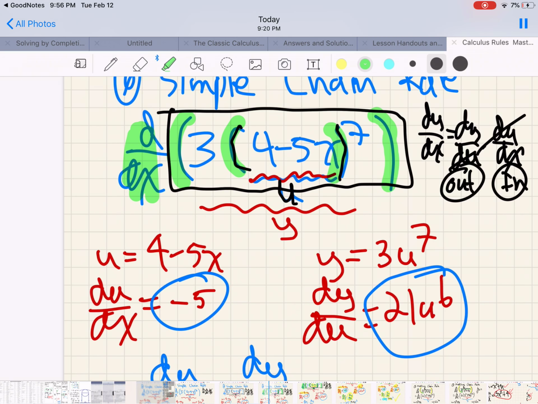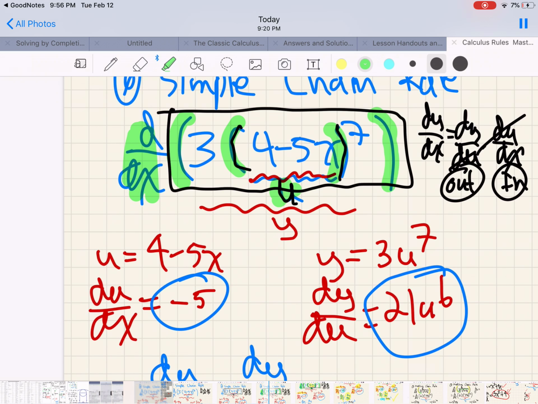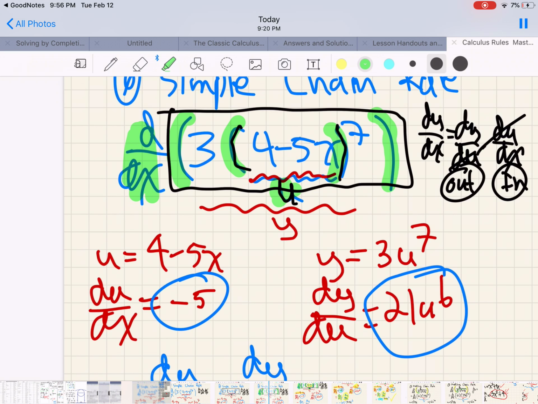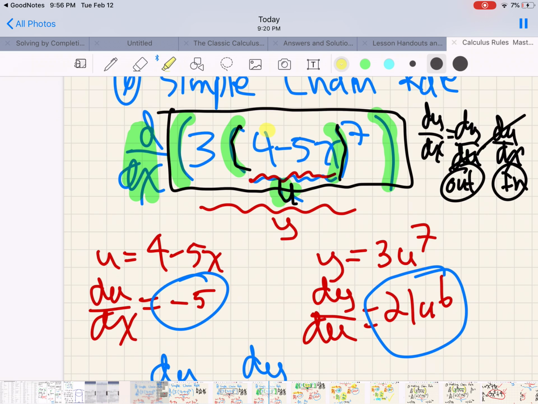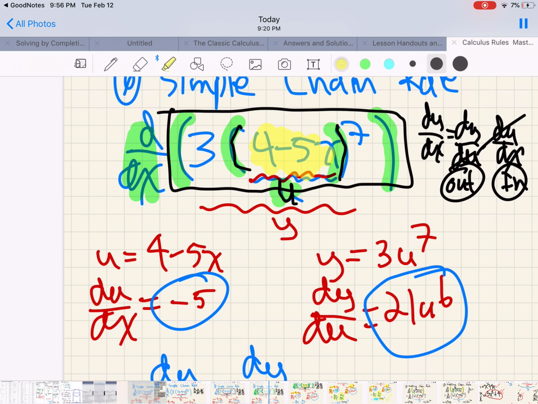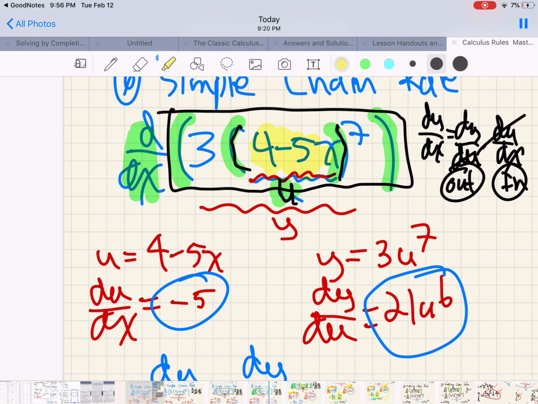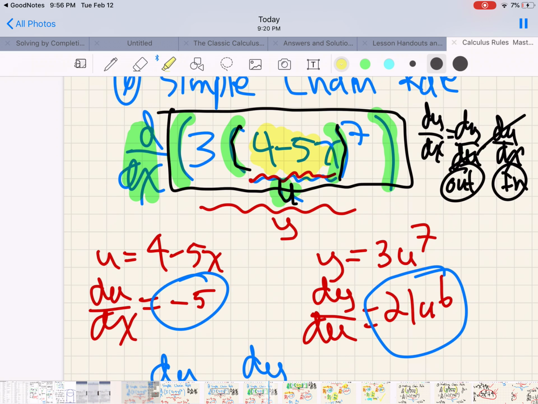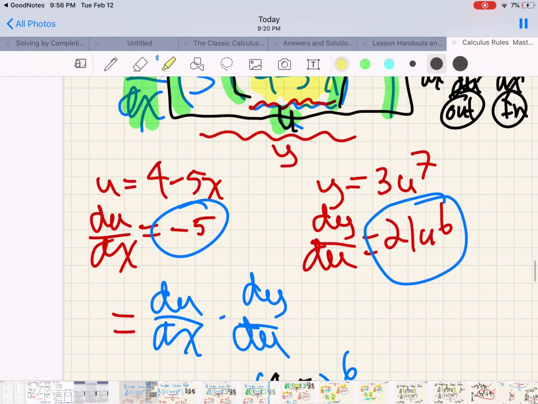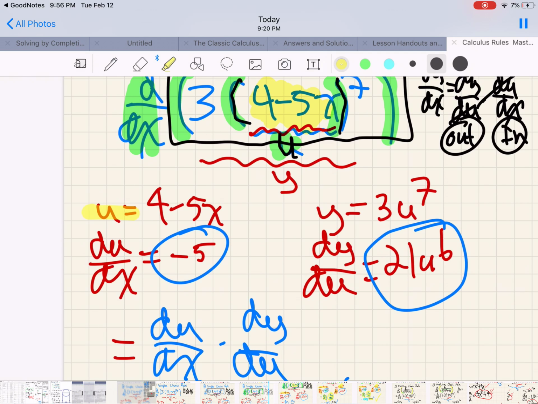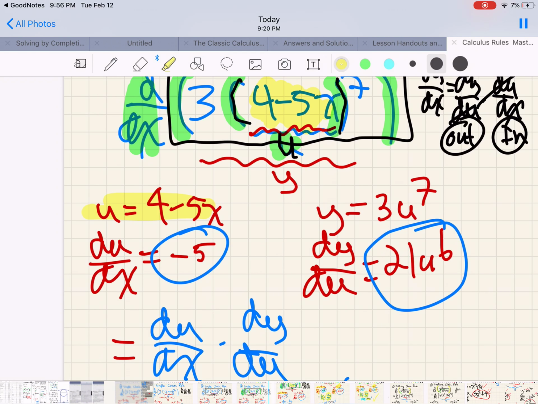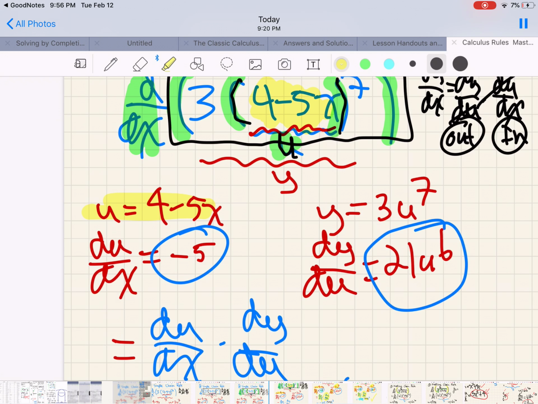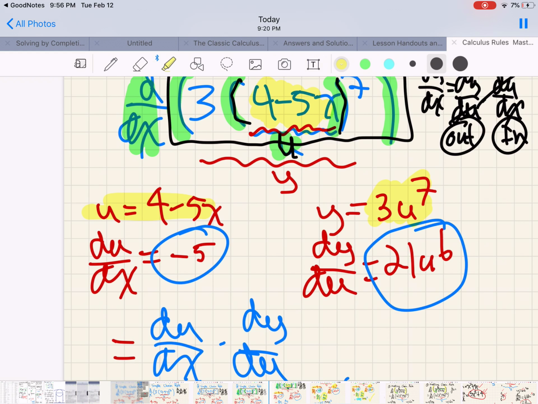So there's u. U is the inside function, which is 4 minus 5x. Then what I would do is consider that u, and what have I got? 3 multiplied by u to the exponent of 7, or 3u to the 7th. So let's go ahead and do that. Here's the inner function, 4 minus 5x, and here's the outside function, 3u to the 7th.